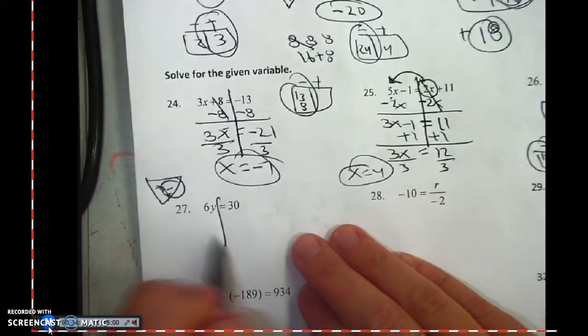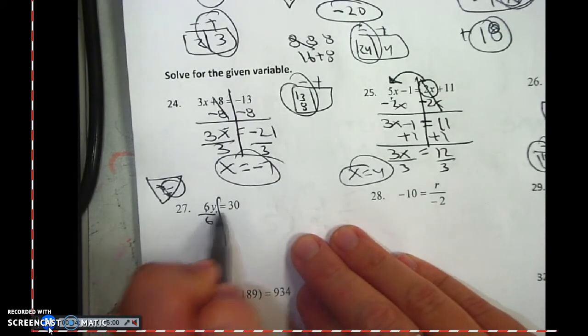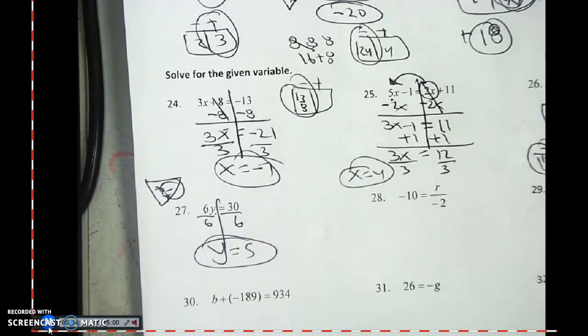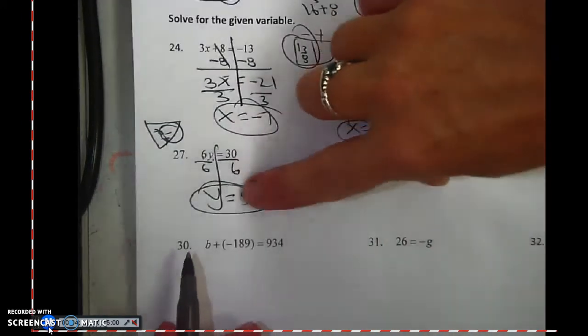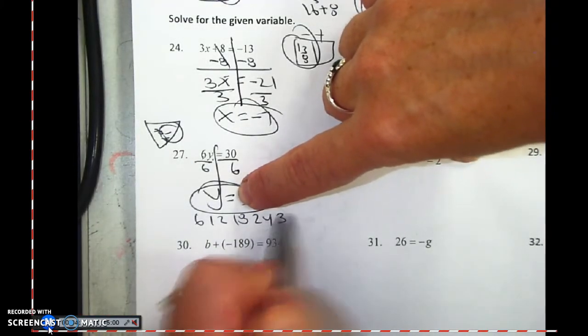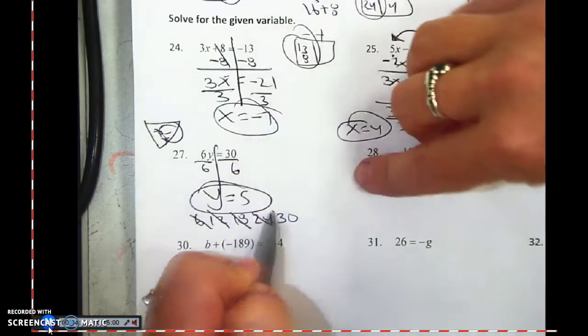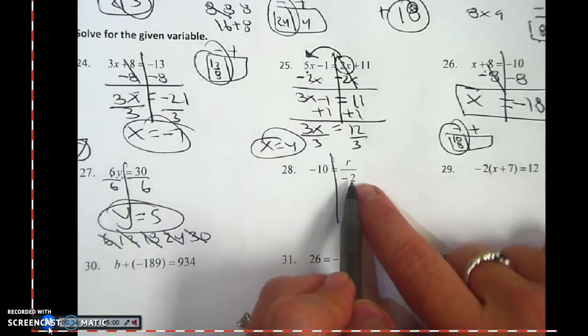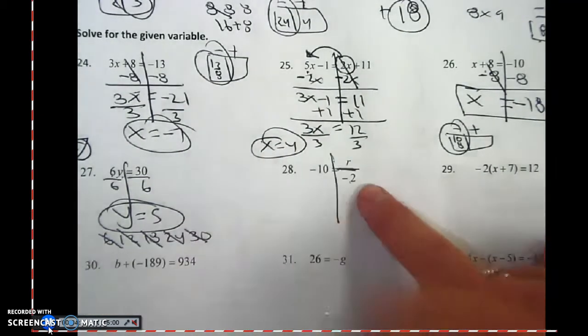Okay, let's go to the next one. Draw my line. One number, one step. It's touching. Touching is multiply. The opposite is divide. Now remember, if you're struggling with division, if you didn't know it was 5, you would go 6, 12, 18, 24, 30. 1, 2, 3, 4, 5. All right? Boom. What needs to go away? The -2. What's it doing? Dividing.